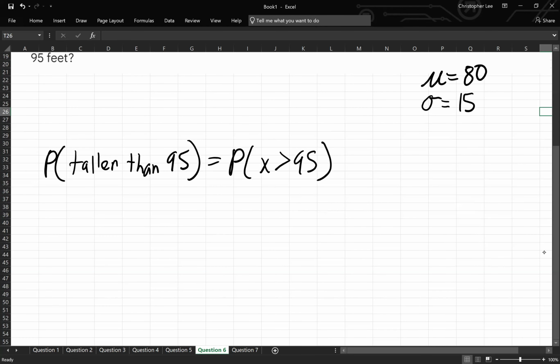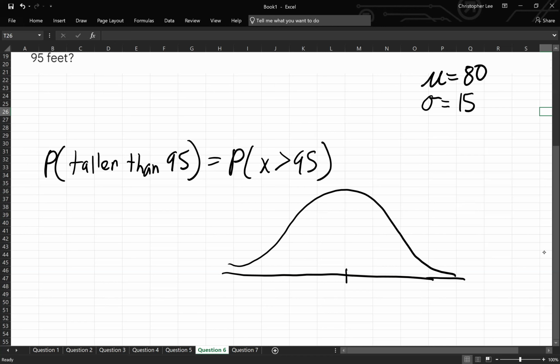If we're going to do it in the calculator, the first thing we have to do is draw our distribution. When I say draw, I mean graph. The mean is 80, and then we have 95, which is going to be to the right because it's bigger than 80.